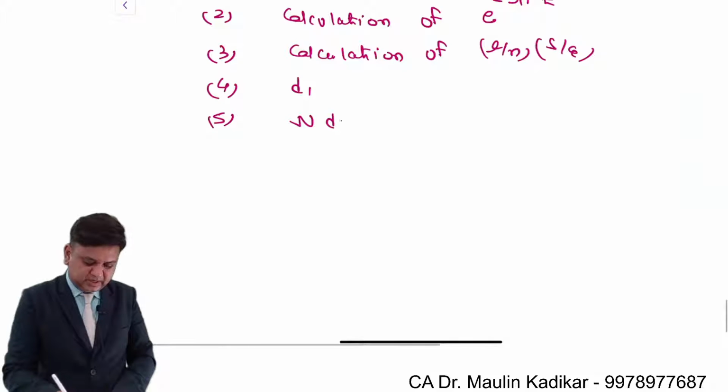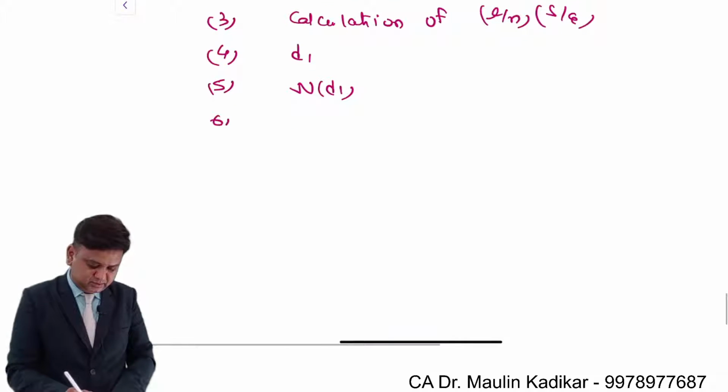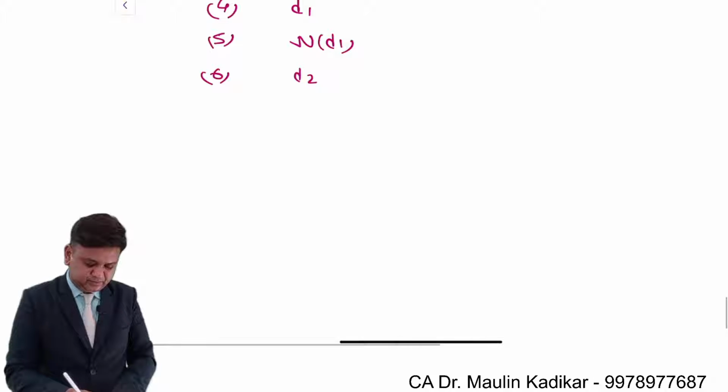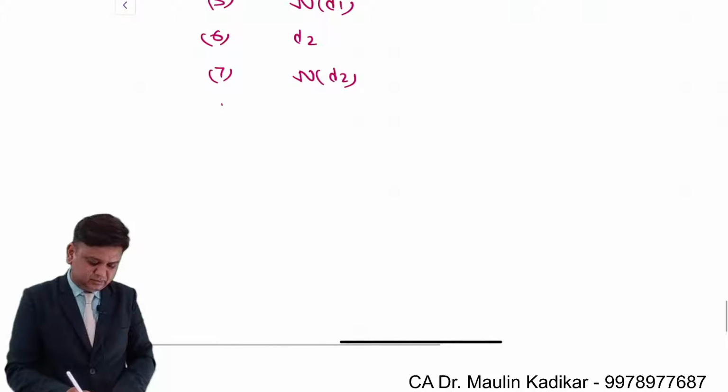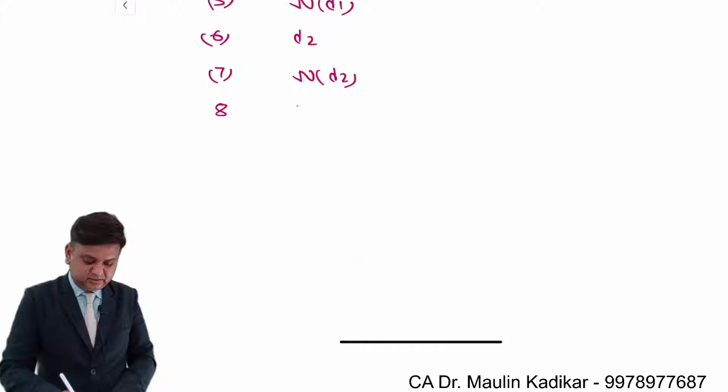Fifth, nd1. Sixth, d2. Seventh, nd2. Eighth, vc, value of call.